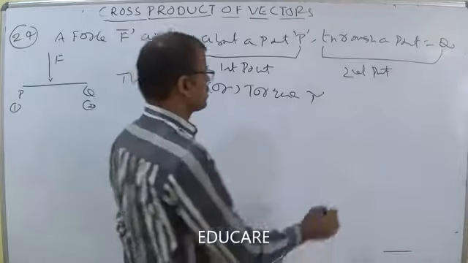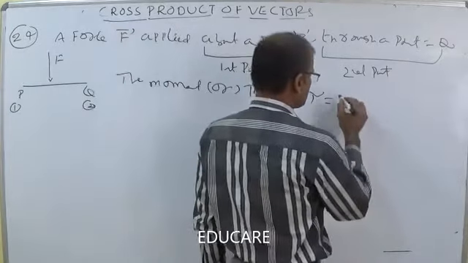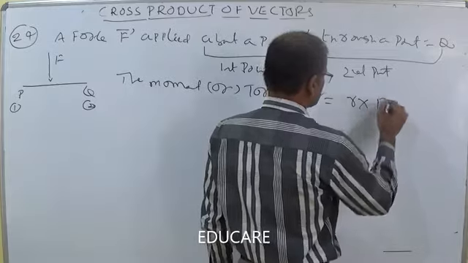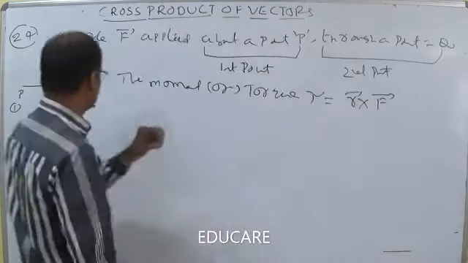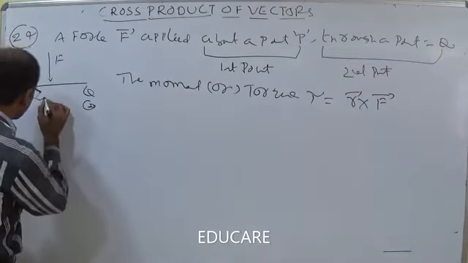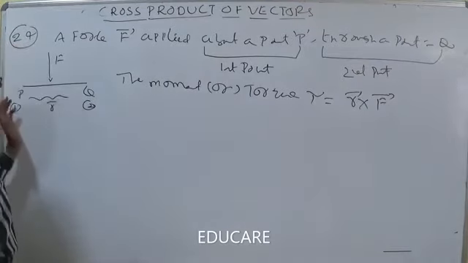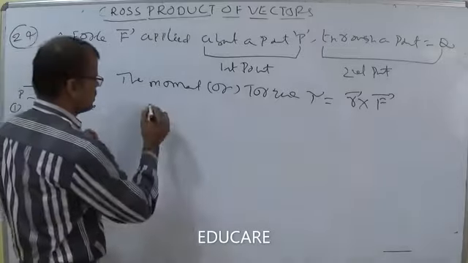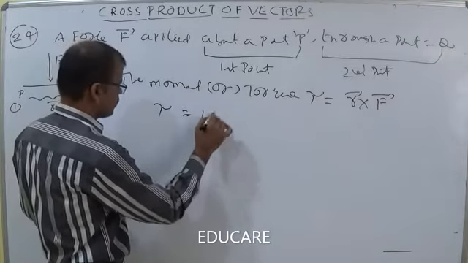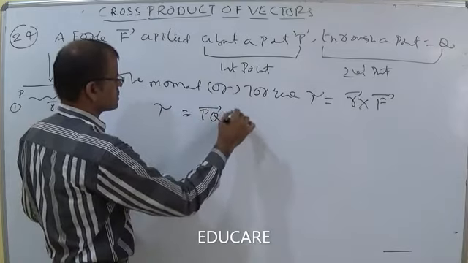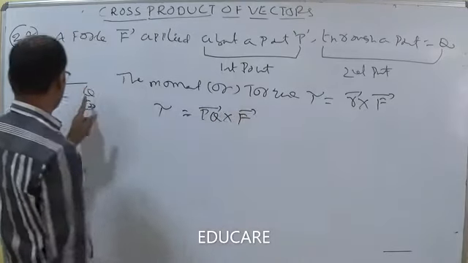The moment or torque tau can be calculated using the formula R bar cross F bar. What is R bar? The position vector concept PQ. The torque tau is equal to PQ cross F. So here what is PQ?